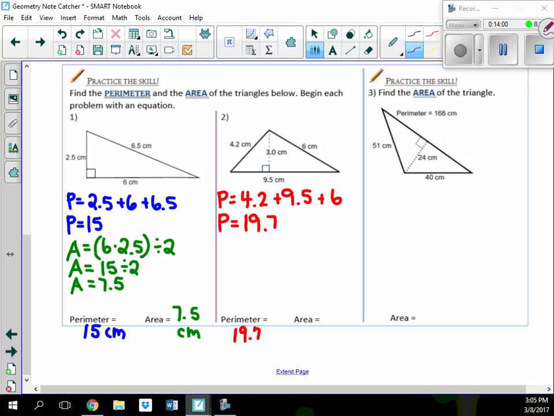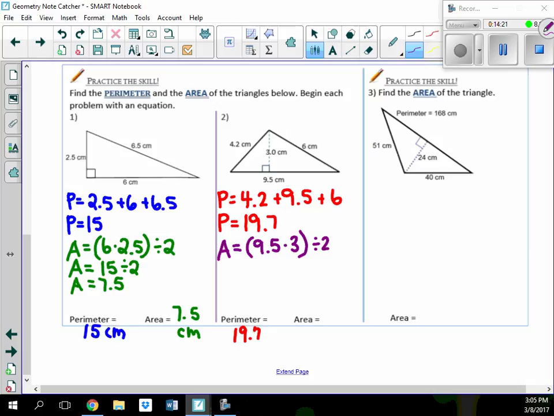Now for our area for this one, we're going to use the same formula we've been using. So we're going to say 9.5 times 3 divided by 2. All right.